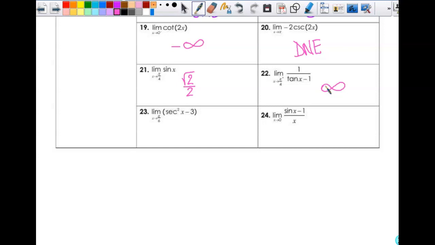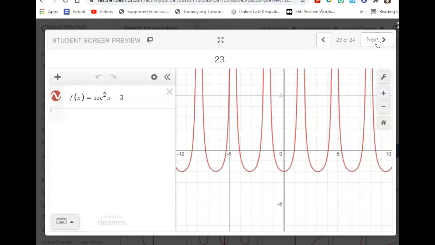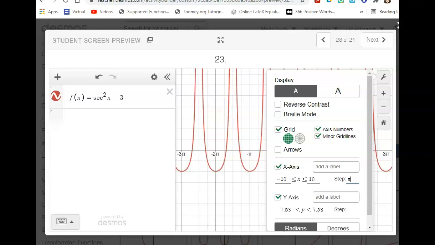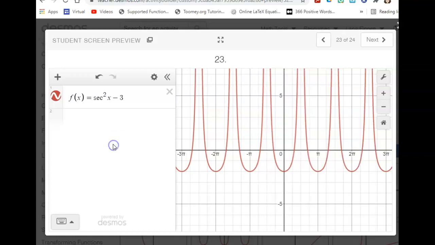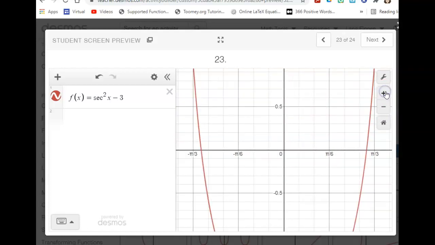Okay. So let's look at 23. I want the limit as x approaches pi sixths. So I'm going to change this to pi, and I'll zoom in just a little bit. I can get pi sixths.